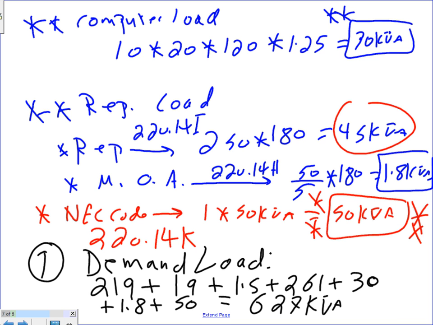Don't we add the 1.8 though? The 1.8 we have to add. Okay, so now we're at 582 kVA. Anybody came up with something different?